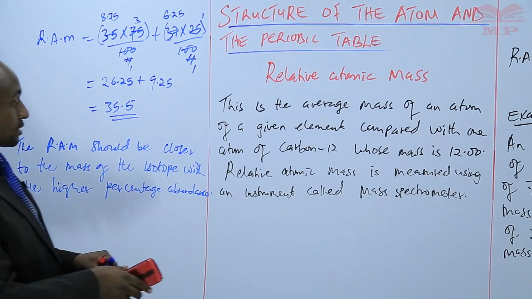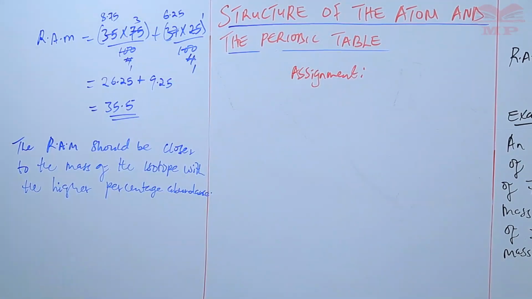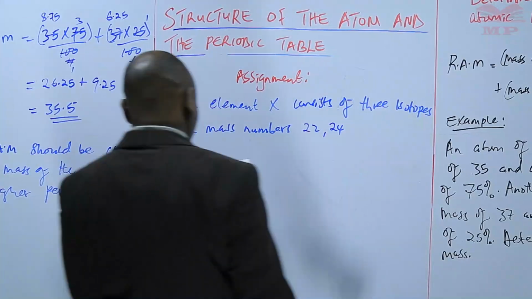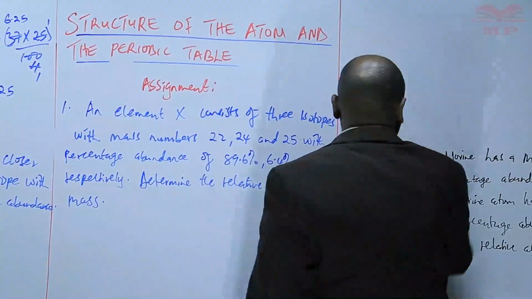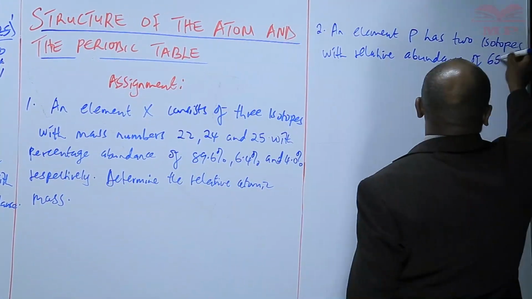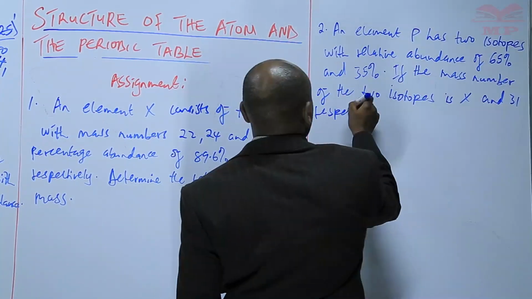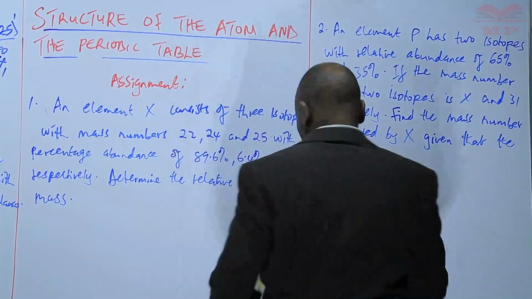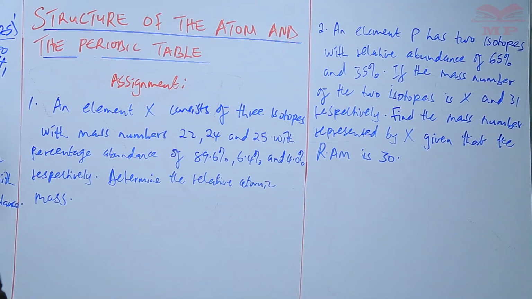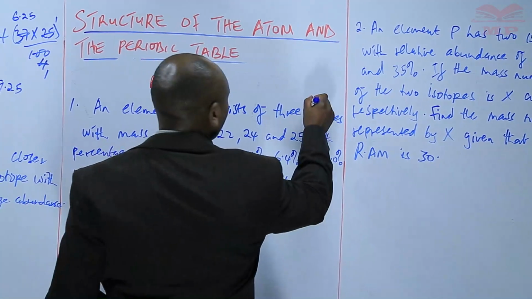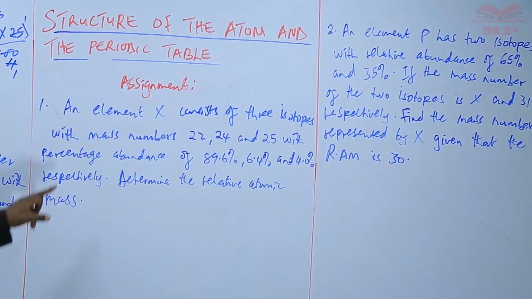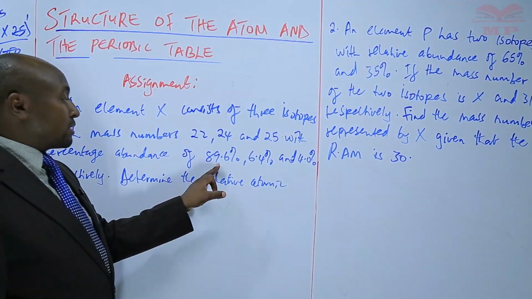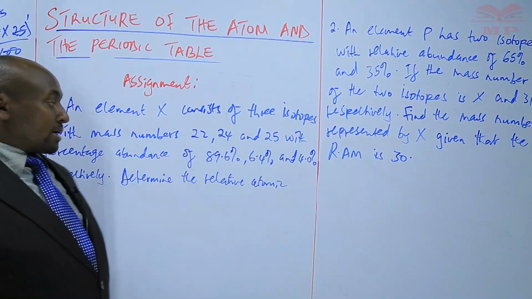So we're going to have an assignment based on this. The first question in the assignment: an element X consists of 3 isotopes with mass numbers 22, 24, and 25, and percentage abundances of 89.6, 6.4, and 4.0%.